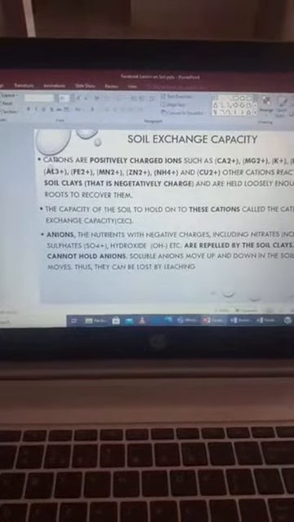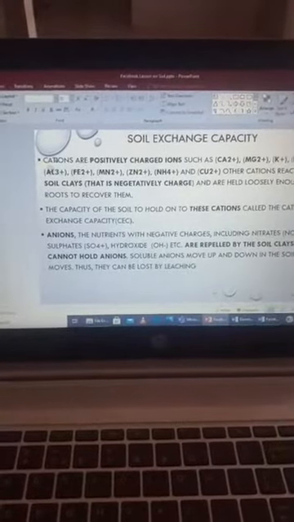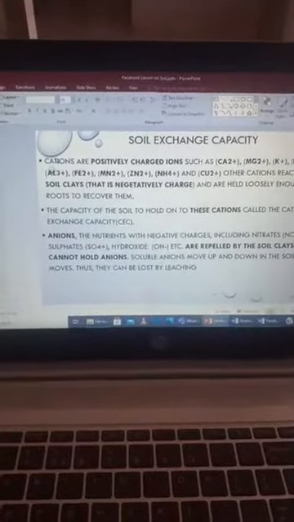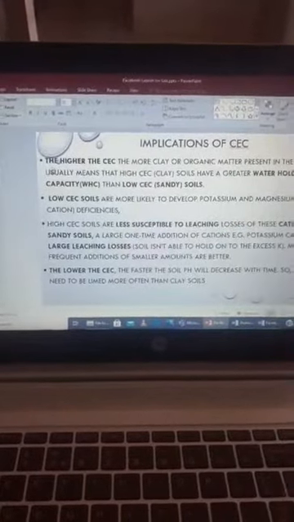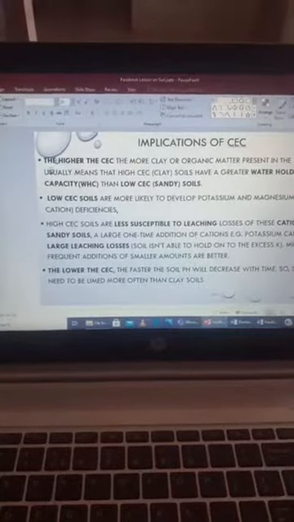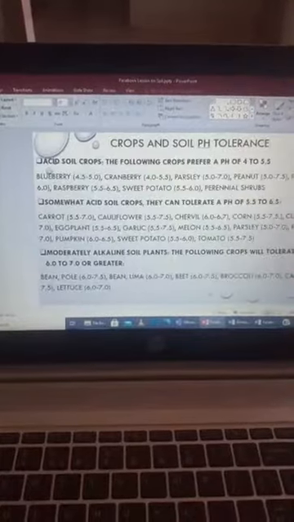You buy fertilizer, it leaches easily. You irrigate umhlabathi wakho, it dries quickly. So you need to amend your soil texture. So as I said, these are the implications of cation exchange capacity.